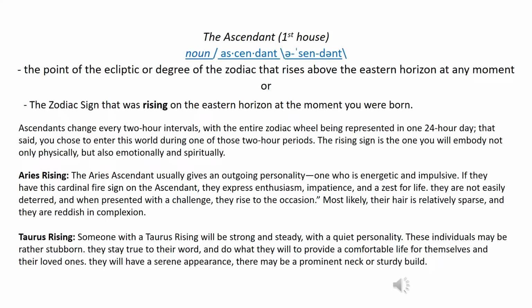Well, first of all, we need to talk about what the houses actually do. The planets are the what of astrology. The signs are the how of astrology, and the houses are the where. So what, how, and where.